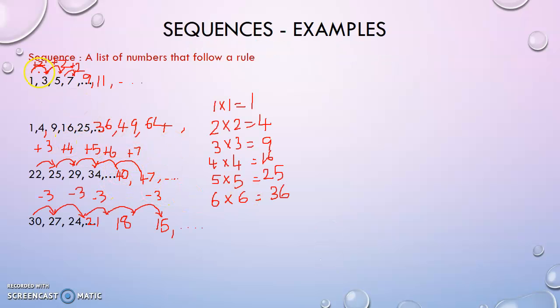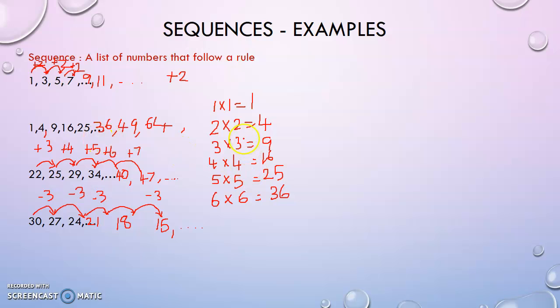Here you can see every number in the list is obtained by adding 2. So what is the rule here? It is +2. The same number is added every time.